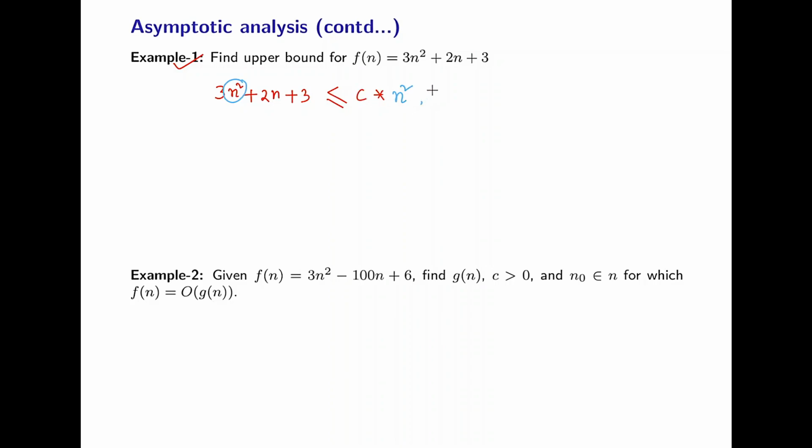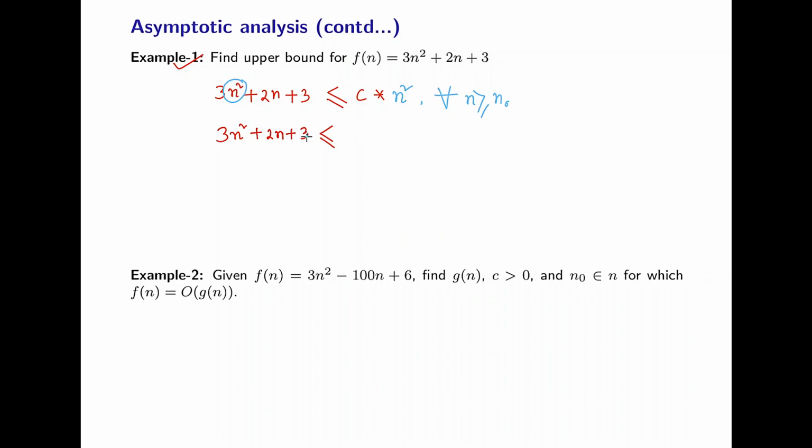Now I need to show that it is true for all values of n greater than equal to some n naught. Now I can do one thing. This equation will be true, 3n square plus 2n plus 3 will be less or equal than, I can write anything here that will satisfy the equation.